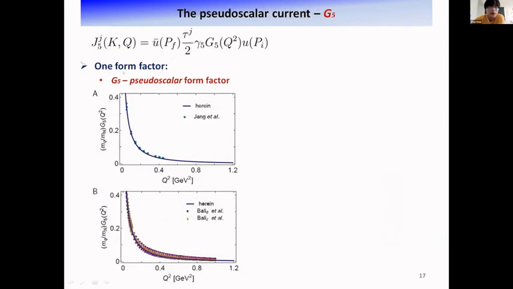Okay, for G5, the pseudoscalar form factor. For this form factor, people do not have experimental results, but we now have some lattice results.